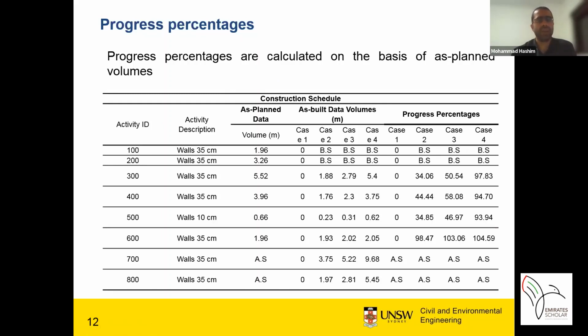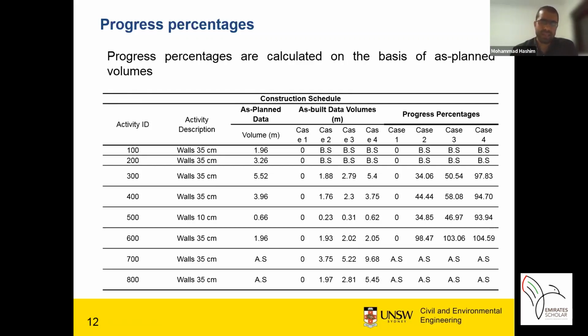Then we have the as-planned data, that's the volume for all these elements. We have the volumes for the as-built BIM models, and we compare these two and calculate the progress percentage.